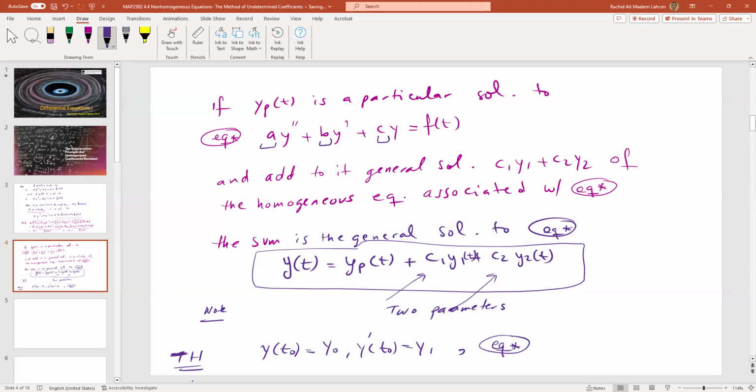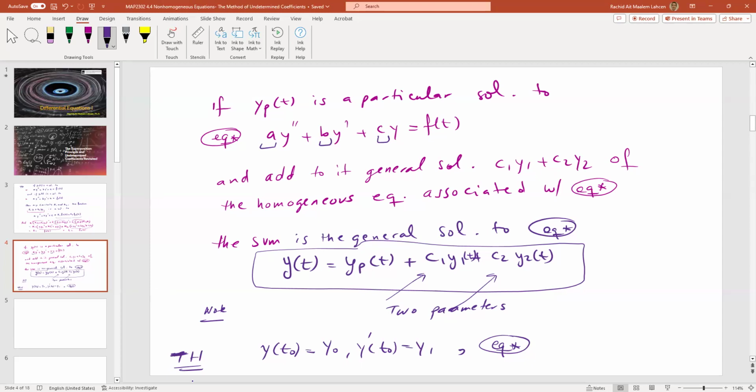It says, of course, if you have the ABC, A is not 0, they are real numbers. And of course, we have these t naught and y naught and y1, all are real numbers. And of course, you have a particular solution to this problem on some interval that contains t naught.